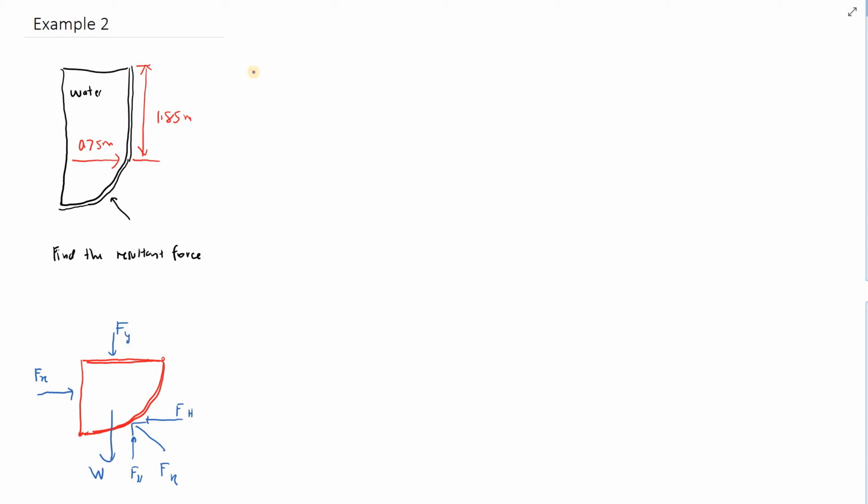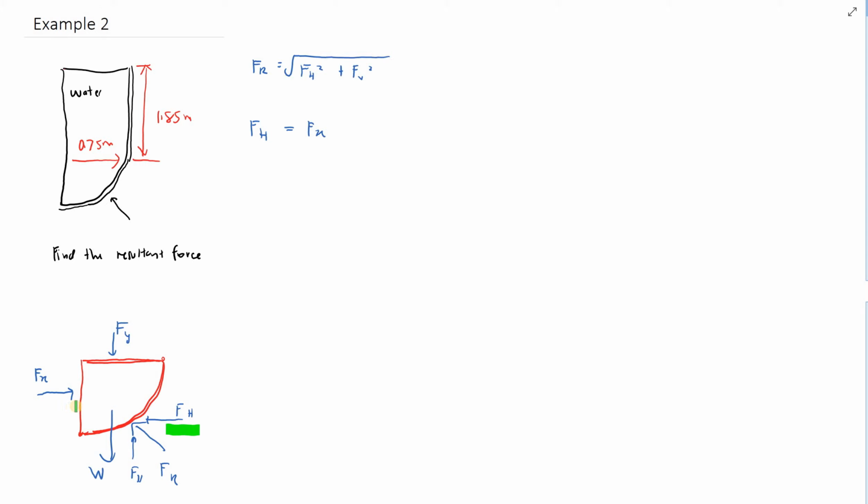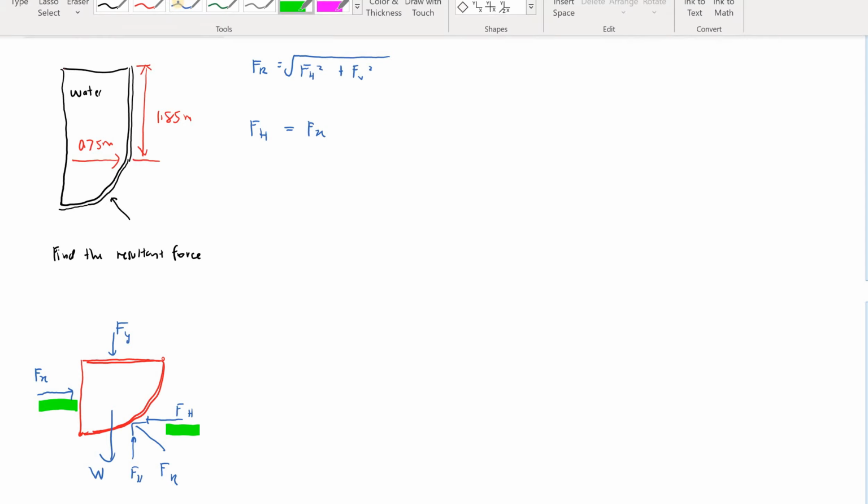So F resultant is equal to the square root of Fh square plus Fv square. Now we look at the Fh first, horizontal. Fh equal to Fx. There's no other horizontal force acting on your body there.